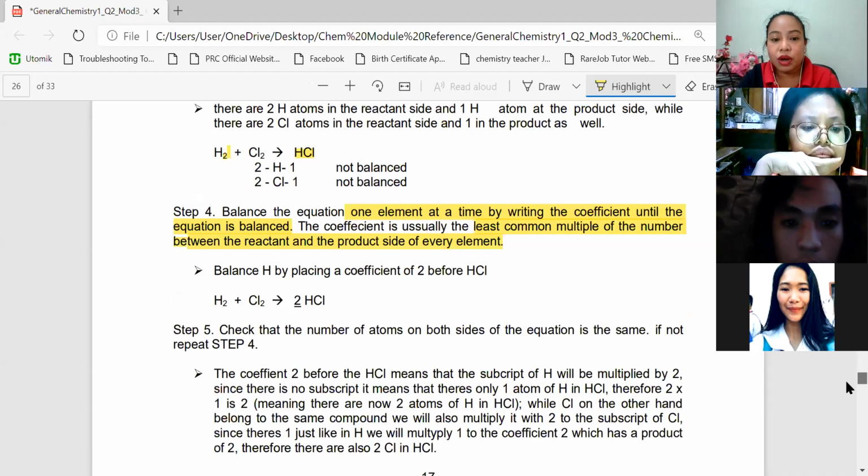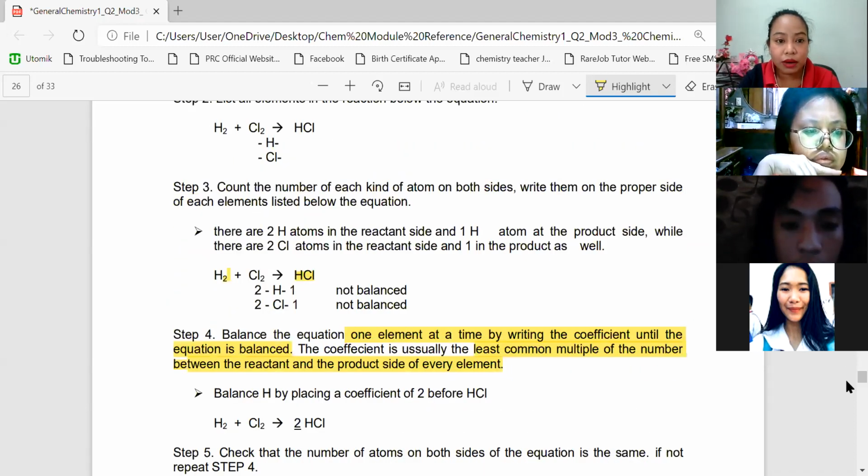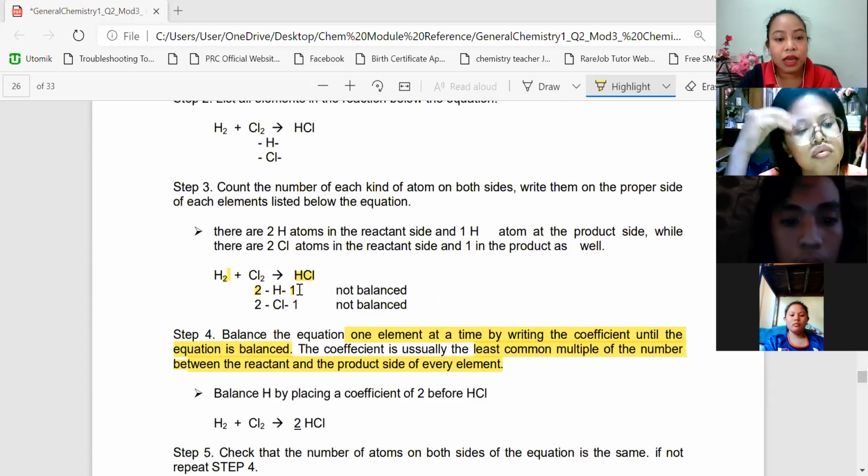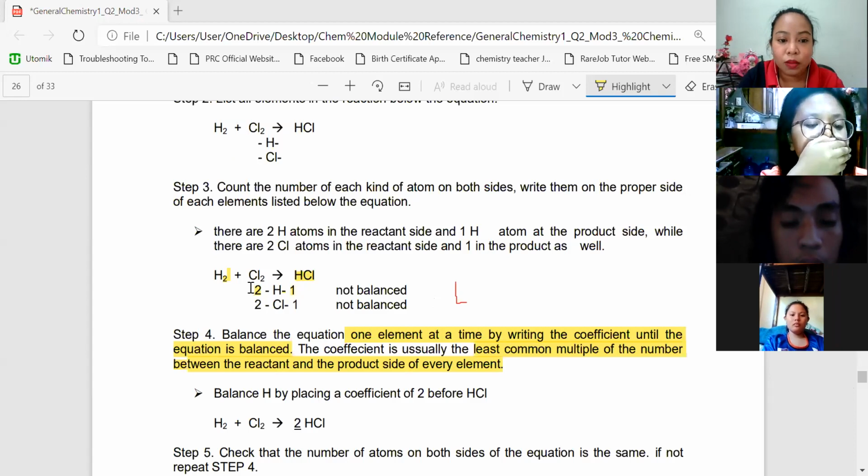For example here, what is the least common multiple between 2 and 1? 2. So 2 is the least common multiple. This 1 here must become 2 so that they are equal.